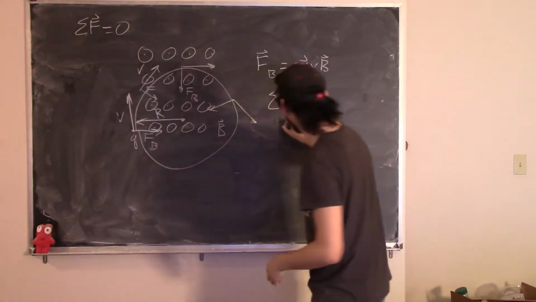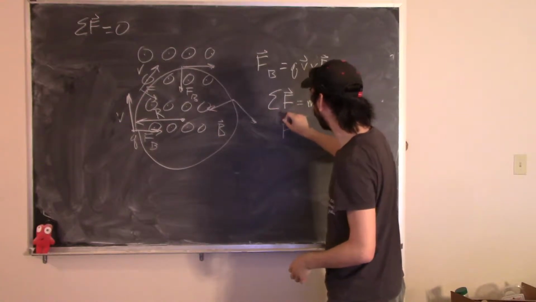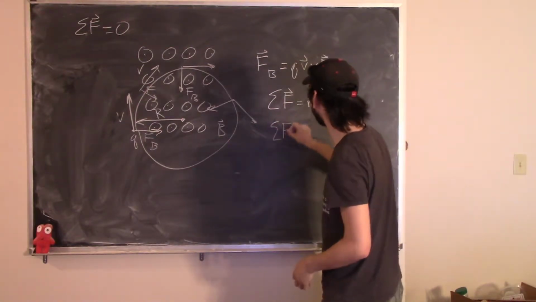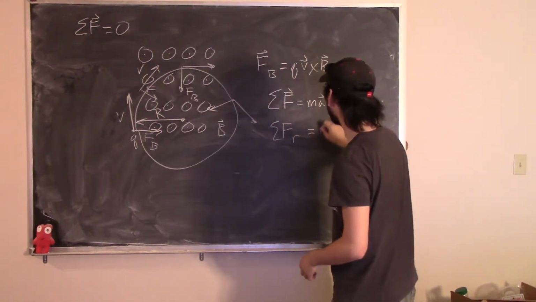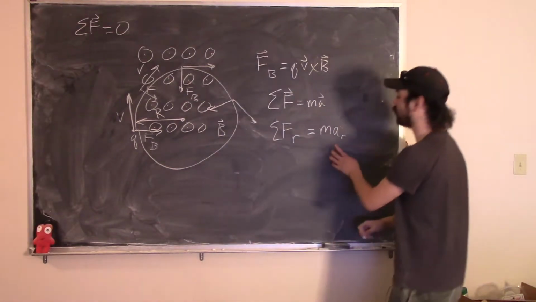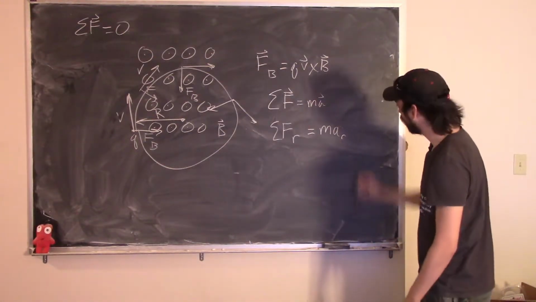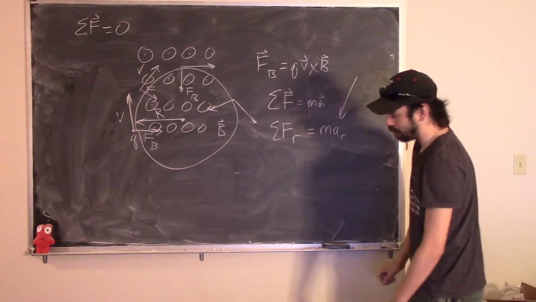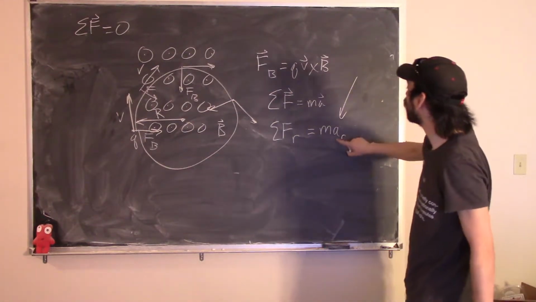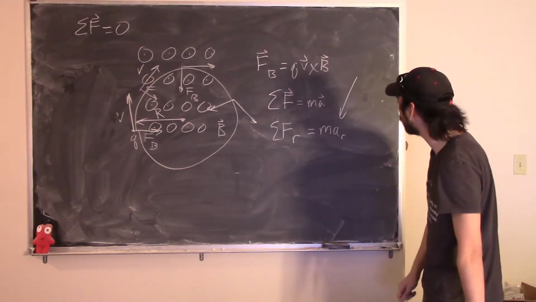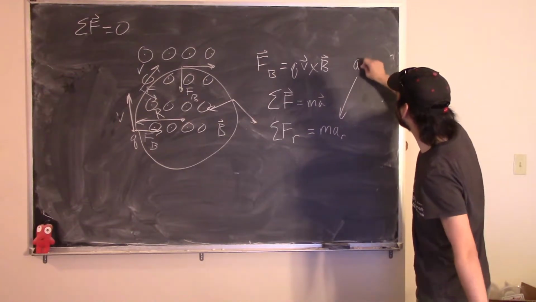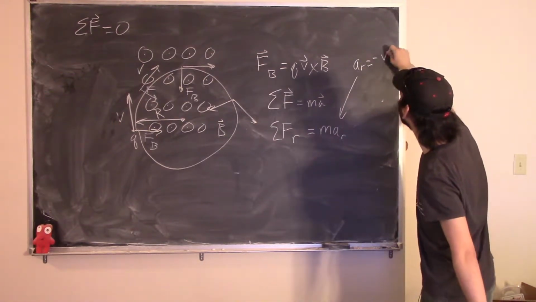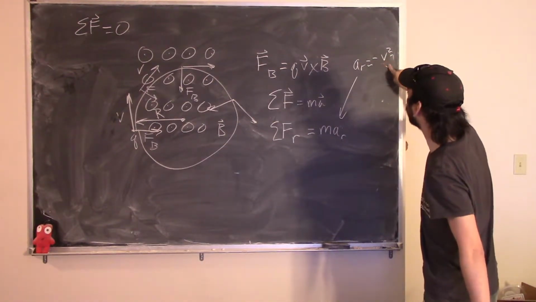So what I can say is that the sum of forces in the radial direction is equal to the mass times the acceleration in the radial direction. And then we can remember from last semester for circular motion, the acceleration in the radial direction, a sub r, is just going to be minus v squared divided by r.